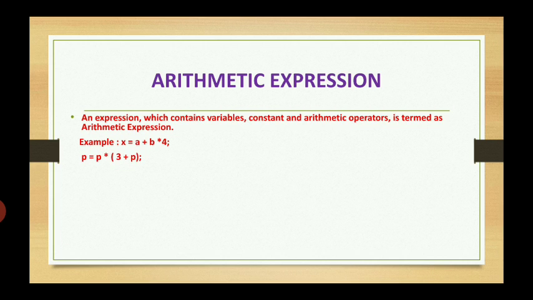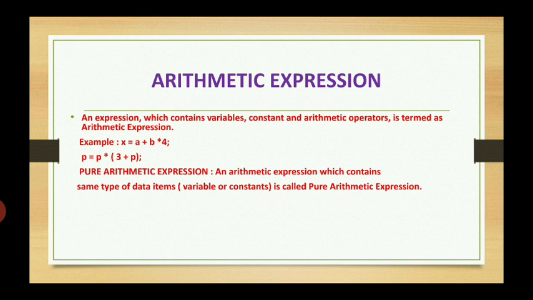Another expression you see, p equals to p multiplied 3 plus p. So here also p is a variable which will hold the value. Now, pure arithmetic expression: an arithmetic expression which contains the same type of data items, variable or constant, is called a pure arithmetic expression.